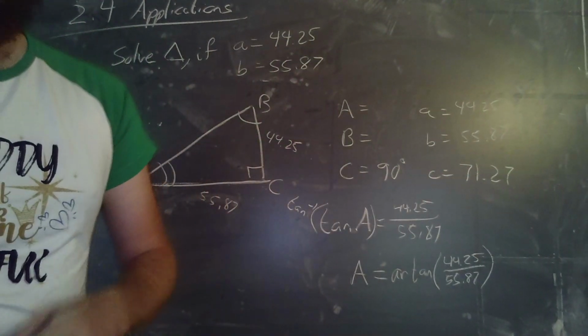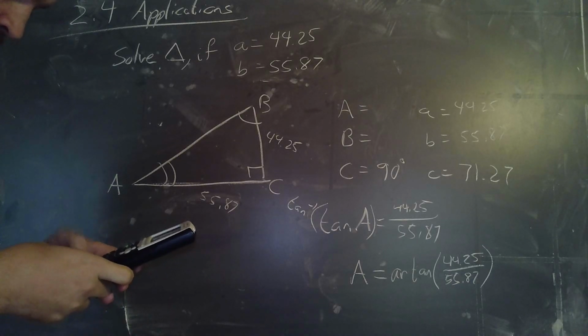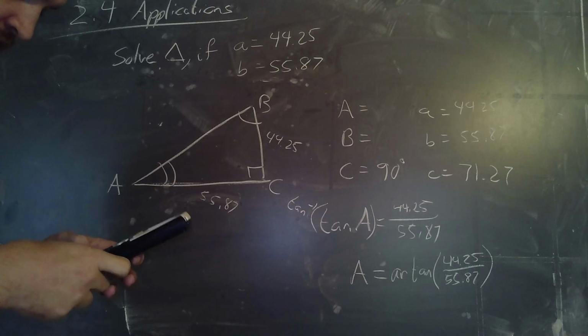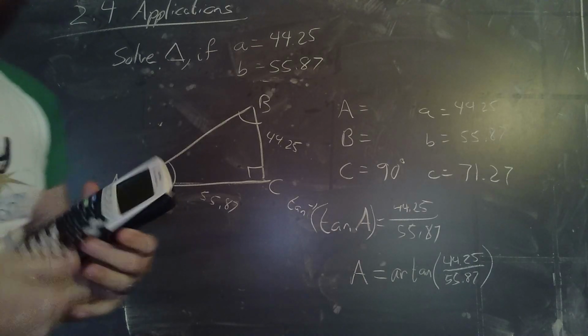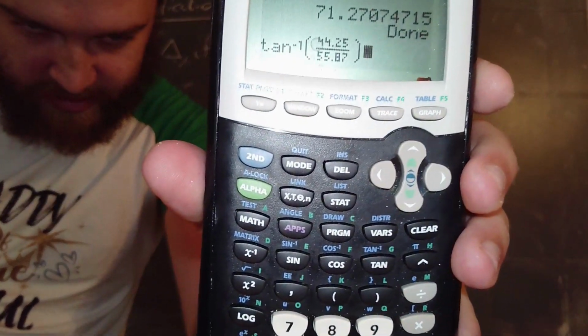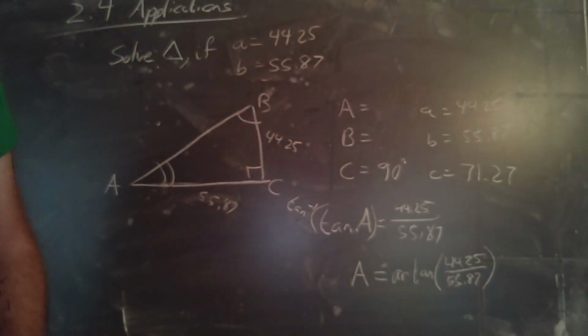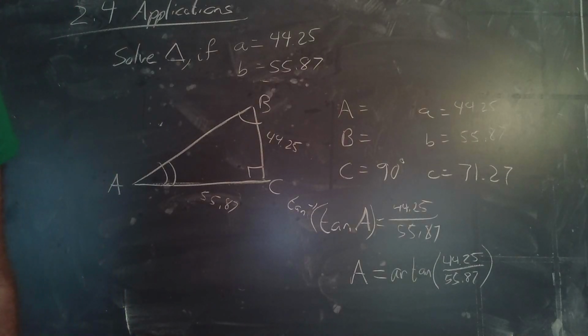So when we type this thing out, we'll have the arc tangent of 44.25 over 55.87. And in the calculator, I'm going to try to get it where you can see it. It looks like this, tangent -1 of the ratio that we had. So if we run this, it's going to give us an angle measurement for A, which is 38.38.